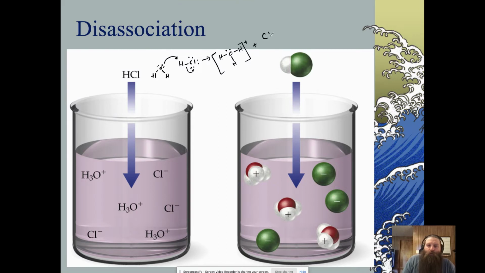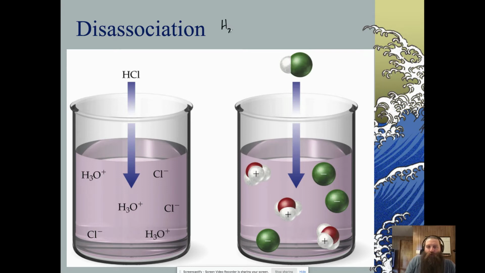I'm going to be left with chlorine, who now has a full octet because we gave it those two electrons in that bond, minus 1. And so did I make hydronium in solution? Yeah, absolutely. So is hydrochloric acid an Arrhenius acid? Yes, the answer would be yes. And what we're looking at in these two pictures is that process that we've diagrammed out.